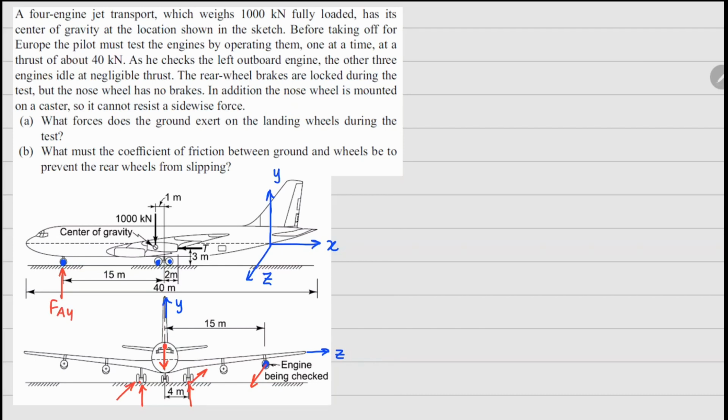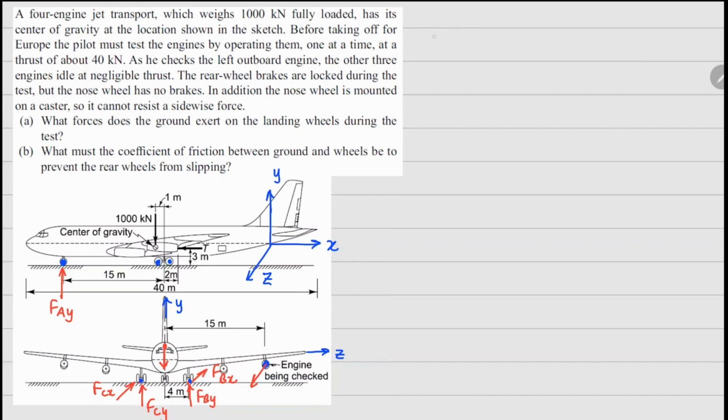This is FAY, and if this point right here is B, then FBY, FBX, FCX, and FCY right here. In the Z direction, on these two wheels here, we are not considering any sideways motion or sideways friction force. That's why we are ignoring that FBZ and FCZ force.